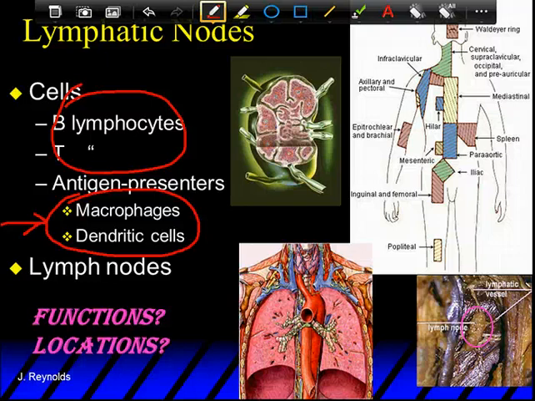We're talking about non-self antigens. Anyway, that's what these antigen-presenting cells do. They phagocytose, destroy the material so it's no longer any threat, and then they present pieces of the antigen to your immune cells for them to become active and start the immune process.